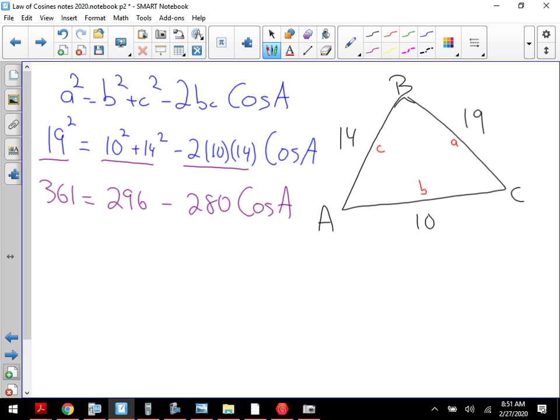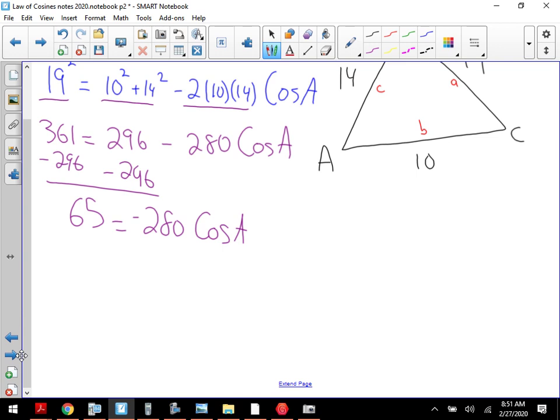Subtract. So you subtract the 296. When you subtract the 296, is that 65? Sound good? So we have 65 is negative 280 cosine A.